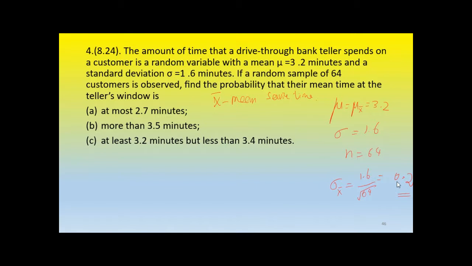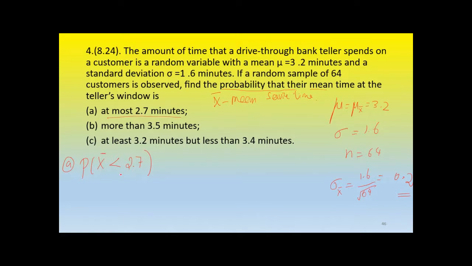Now let's come to the point. What is the question? Probability. The probability that their mean service time is at most 2.7, at most, maximum. So part A suggests the probability of x bar should be lesser than 2.7. At most, maximum value is 2.7.